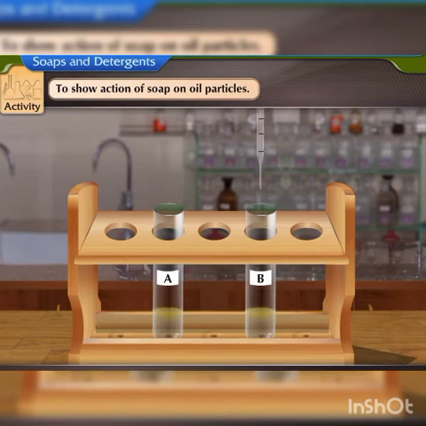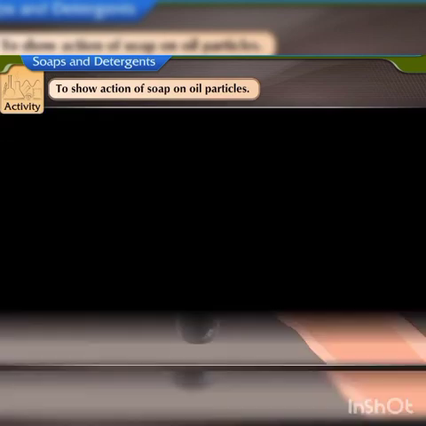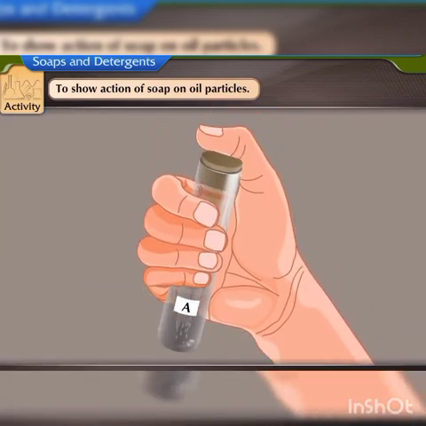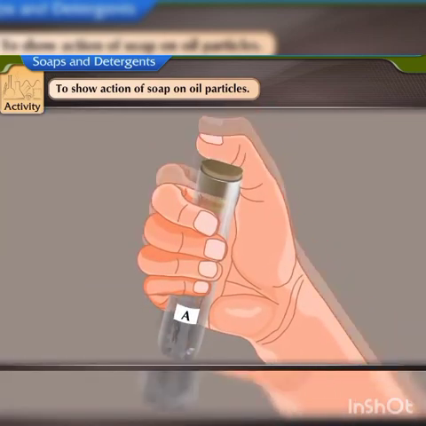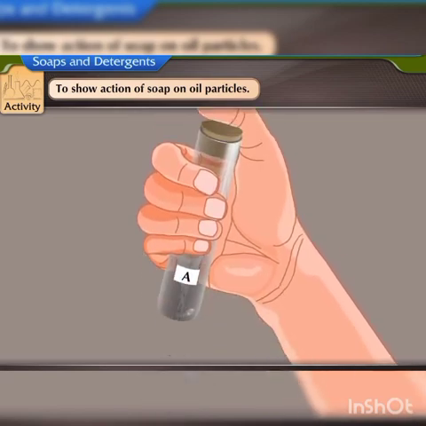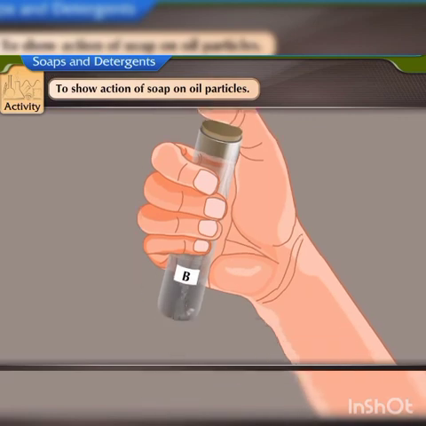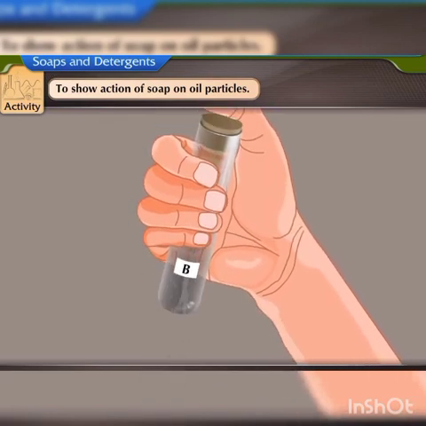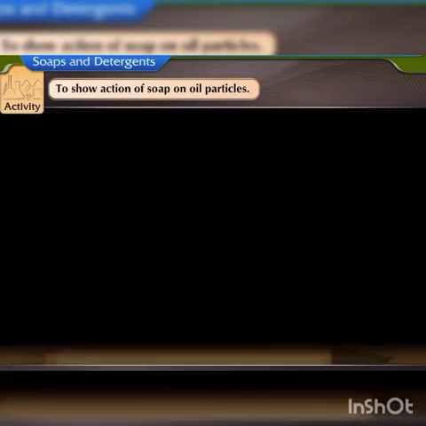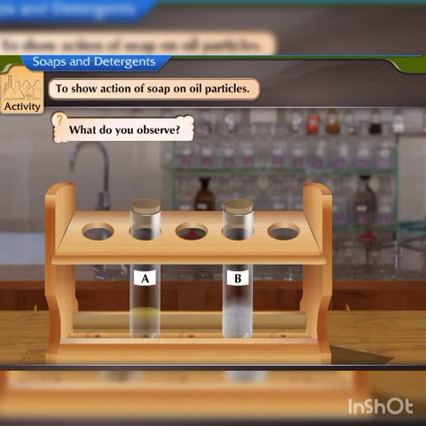Now, add a few drops of soap solution to test tube B. Cork both the test tubes and shake them vigorously. What do you observe?